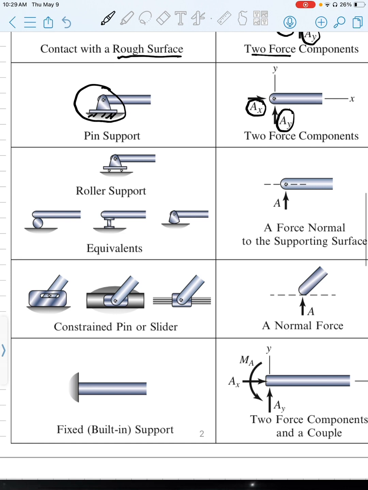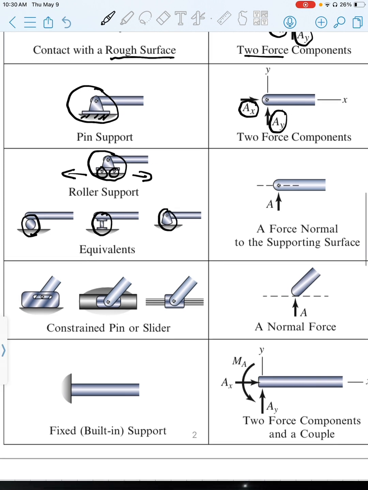On the opposite side, the roller support, which was also in the last video example that we had. The roller support has a roller. See here, the rollers will make the rod able to go this way or this way. That means there are no forces. There's nothing preventing the rod from going in any direction in the x direction. Same thing here for the circle. It's just going to make it move, and this shape and this shape, they're all going to make it move in the x direction.